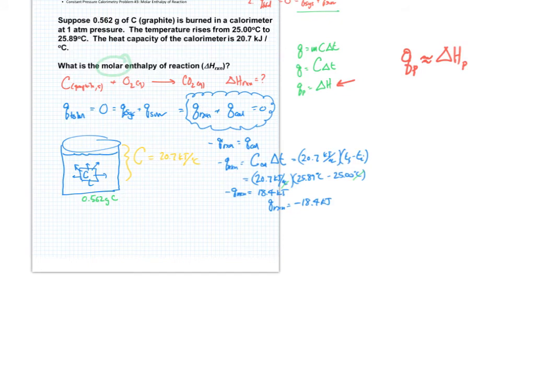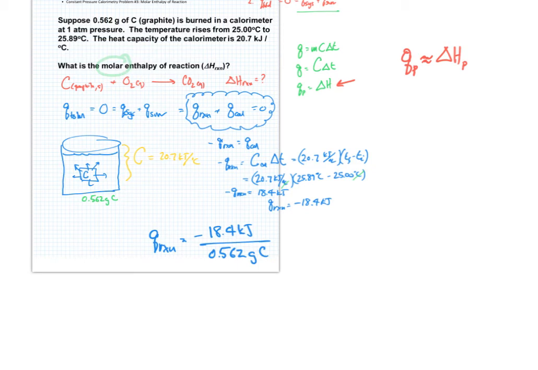So what we've actually found in this problem, we have actually found Q reaction is equal to minus 18.4 kilojoules for every 0.562 grams of carbon. If I had a different amount of carbon, I would have got a different amount of energy out. If I had more carbon, this would have been a bigger number. If I had less carbon, this would have been a smaller number. So it's 18.4 kilojoules for every 0.562 grams of carbon.